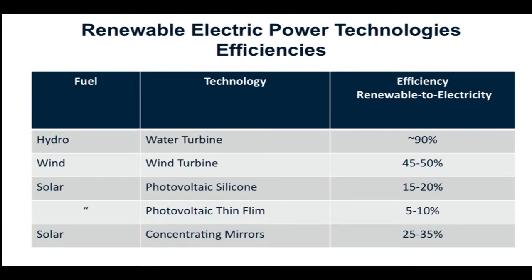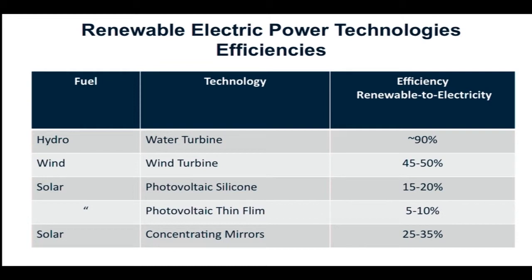That's not a heat cycle, so it's not limited by the second law of thermodynamics in that case. It is limited by the first law, that you can't get more than 100% because you can't get more energy out of it than the water has when it goes in.